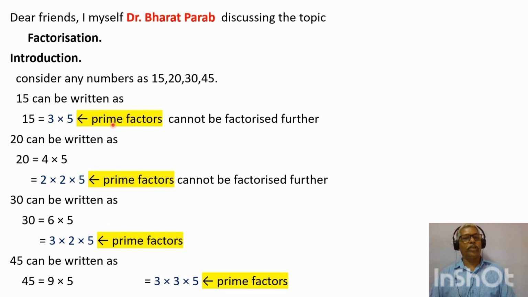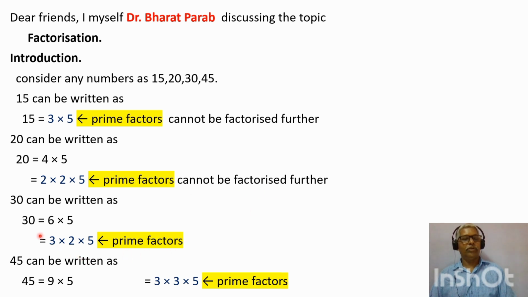So all these factors which cannot be factorized further are called prime factors. Okay, so these are not the prime factors, but these numbers are prime factors, because they cannot be factorized further.